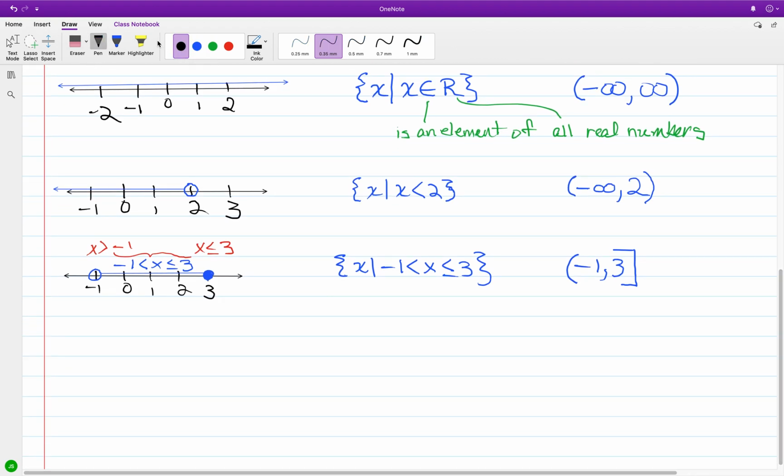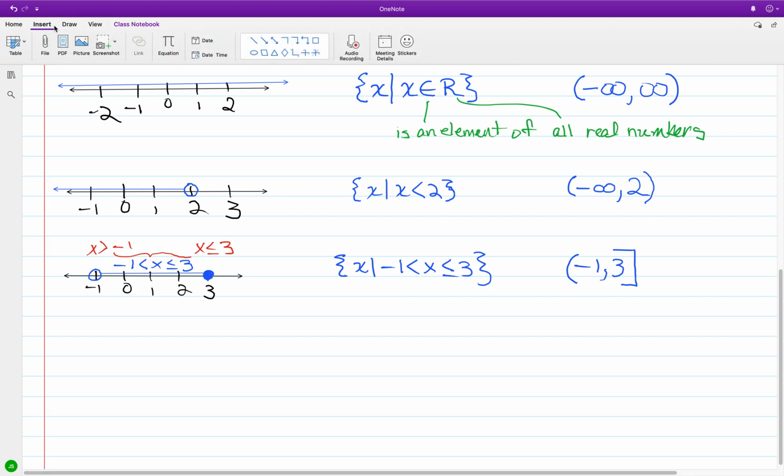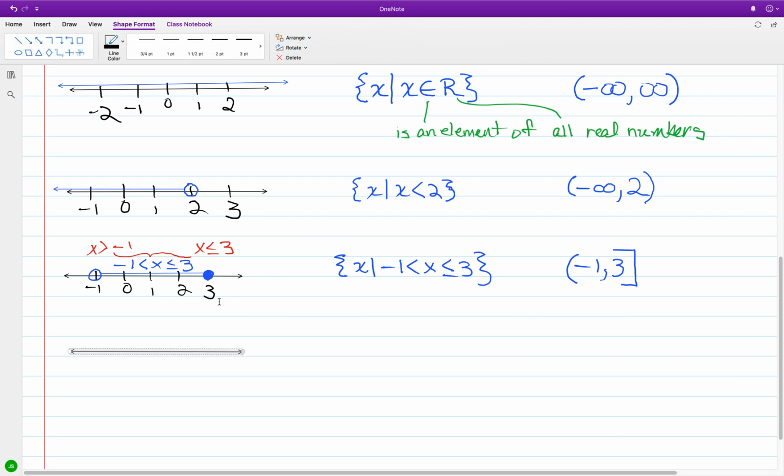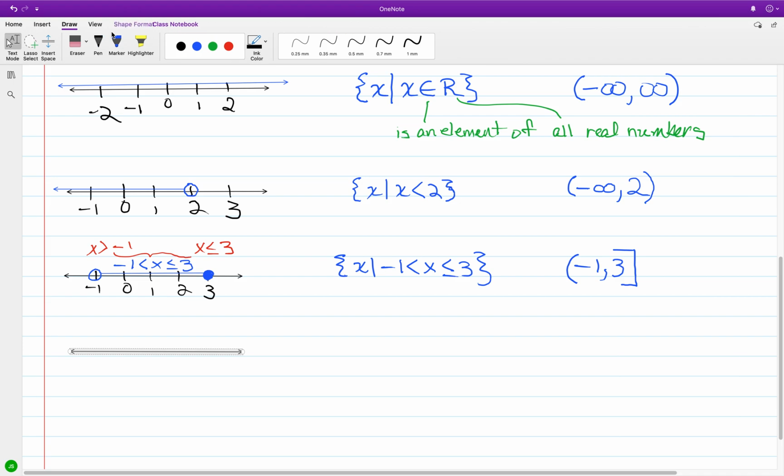And one more case regarding set builder and interval notation. You'll probably not see a case exactly like this until we get to a calculus-based course.